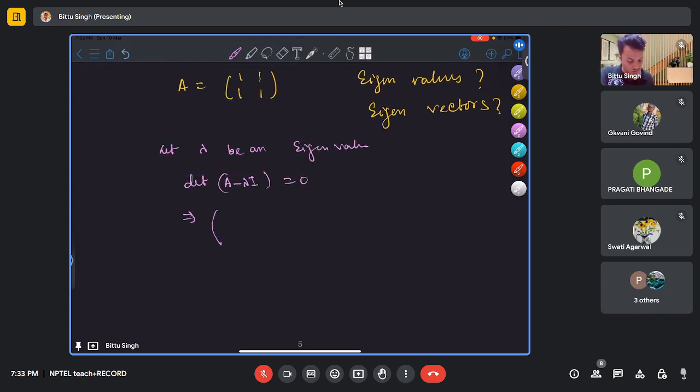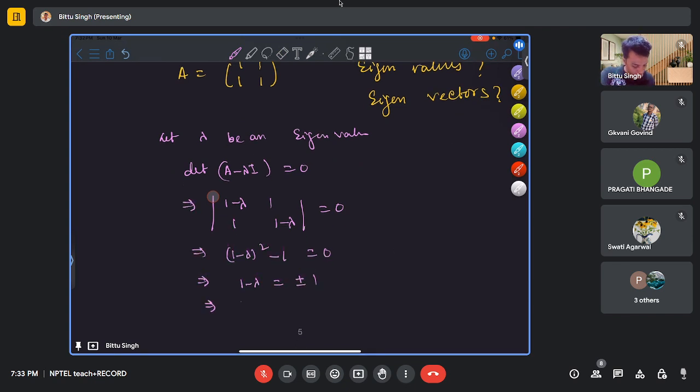So we know that this is actually the same as 1 1 1 1, then subtract lambda from the diagonal. The determinant of this is actually 0. This is the notation. This is the same as 1 minus lambda squared minus 1 equal to 0. From here, solving this, we get 1 minus lambda equal to plus minus 1.